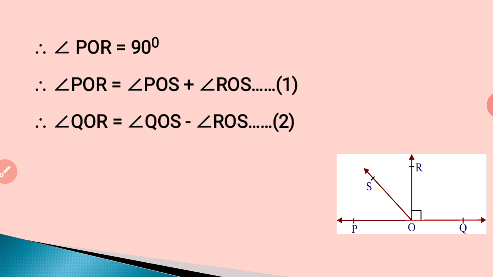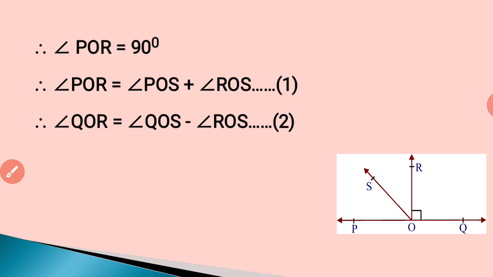Let me talk about angle QOR. We know that the measure is 90 degrees. Now QOR can be written as QOS minus ROS. If from QOS I remove ROS, I can get angle QOR. That is statement number 2.